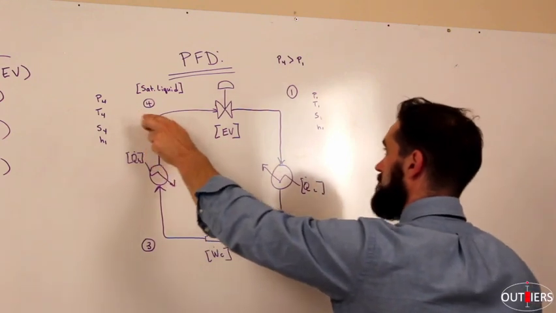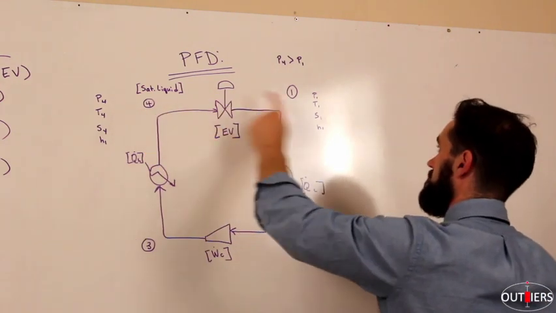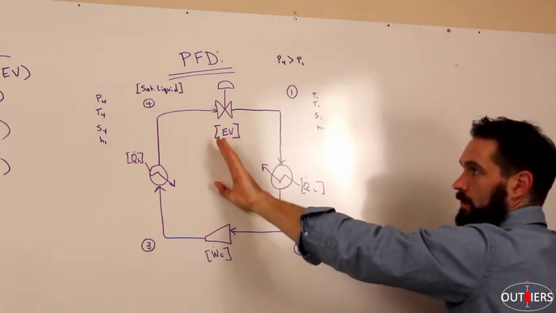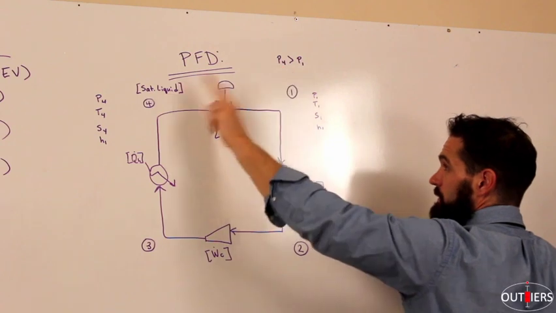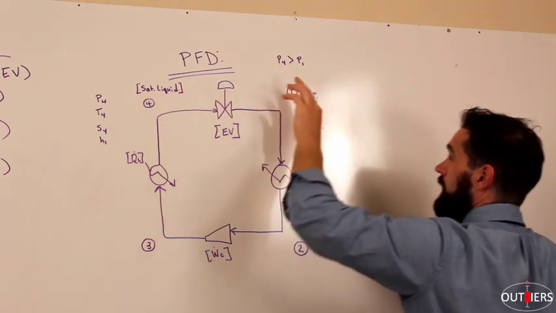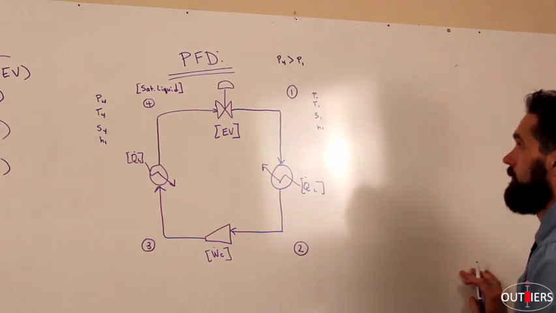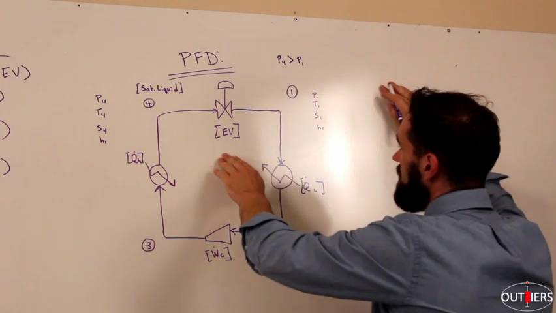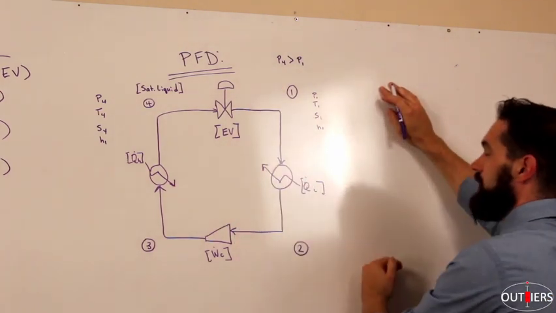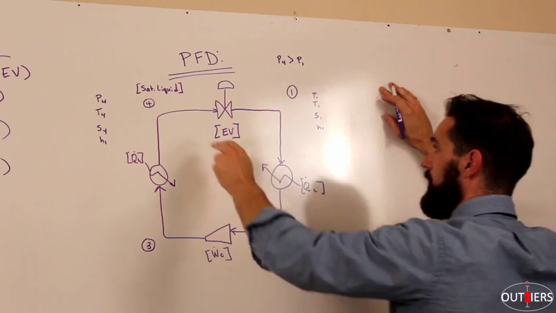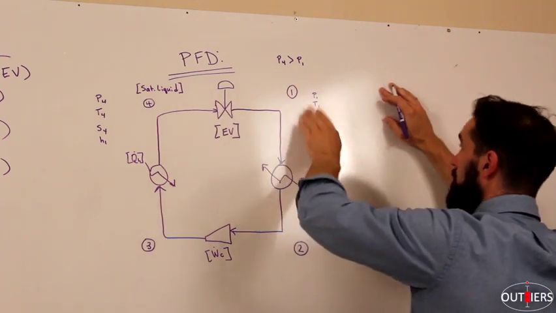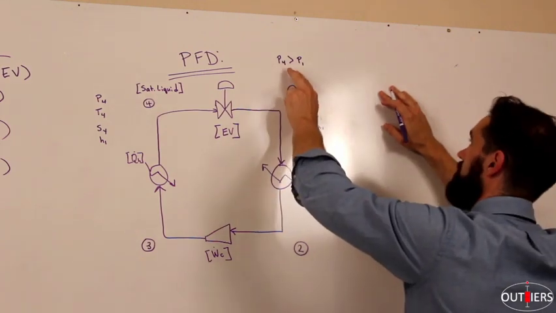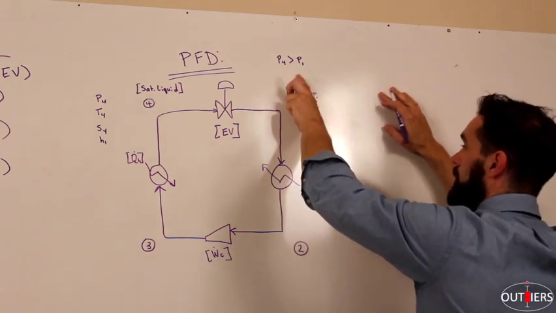Now, as the fluid comes from state 4 to state 1, this control valve acts as a restriction, meaning, just restating, that the pressure here is going to be greater than the pressure here. Because we have a reduction in pressure, and the liquid was already saturated, we know some of it has vaporized.